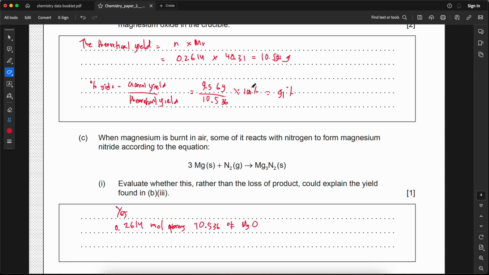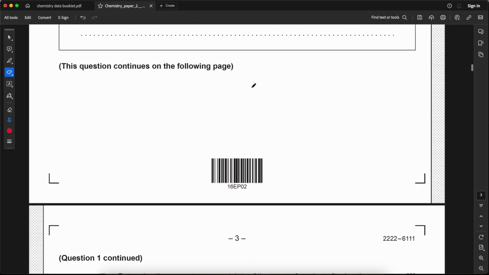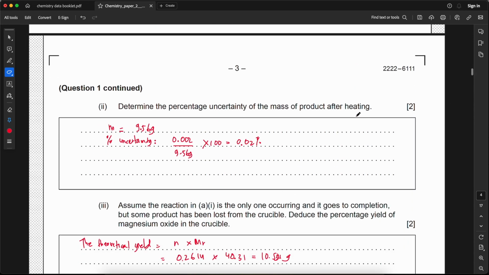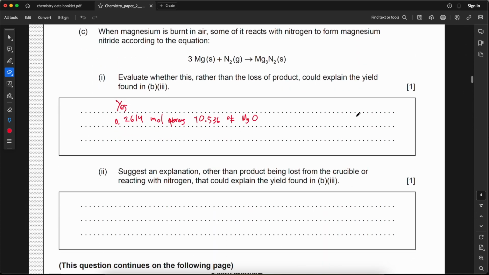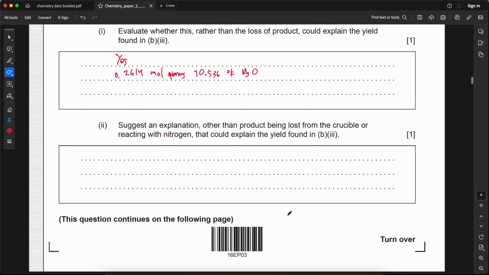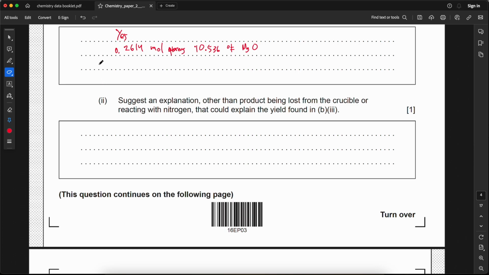So if we use 6.354 of magnesium, we will form 10.536 gram of magnesium oxide, but it will form 9.796 gram of magnesium nitride in case it reacts with nitrogen.